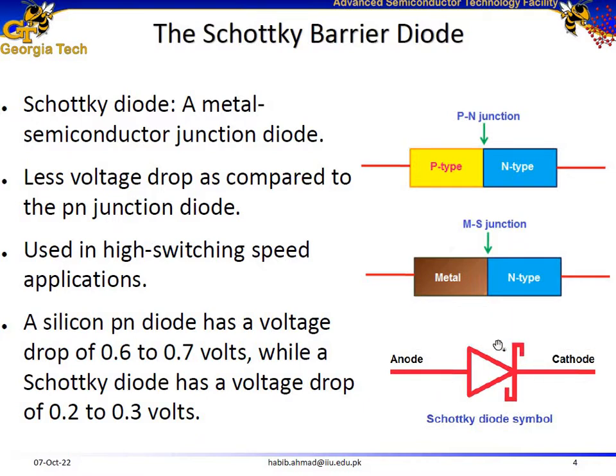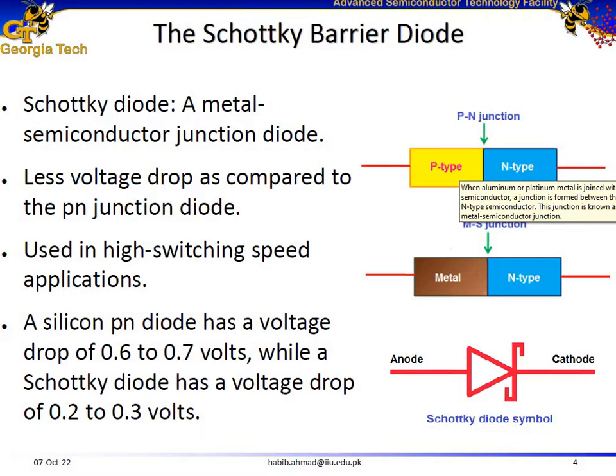Here is the symbol of a Schottky diode or Schottky Barrier Diode. One of the key properties of a Schottky diode as compared to a p-n junction diode is that its turn-on voltage is lower. For example, in our previous lecture, we talked about the p-n junction diode and we calculated its built-in potential.